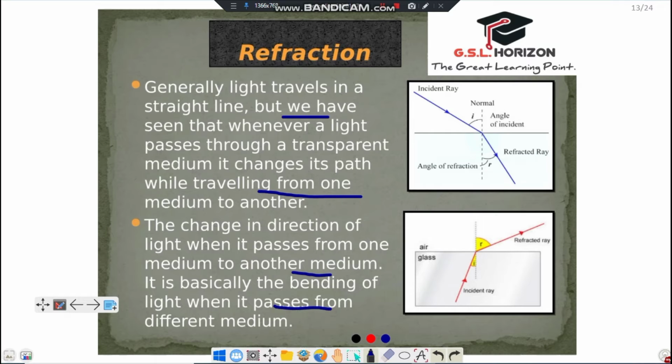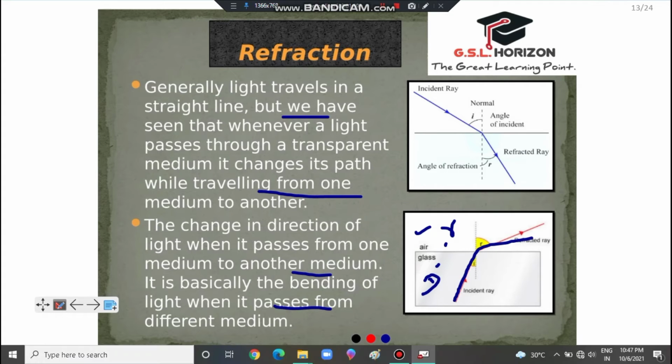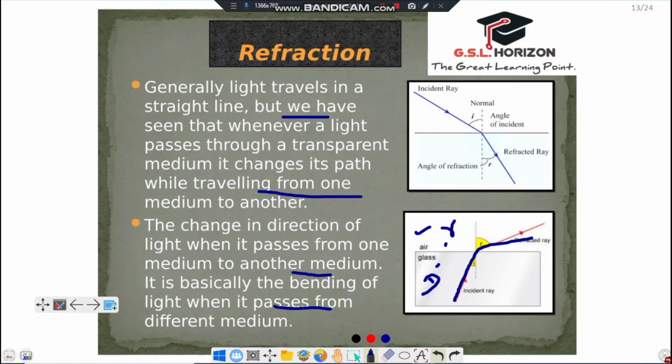In this case, we can see that air is a rarer medium and glass is a denser medium. The incident ray of light comes and is refracted. In this case, the angle of refraction is greater. We can see this in larger form in our next slide.